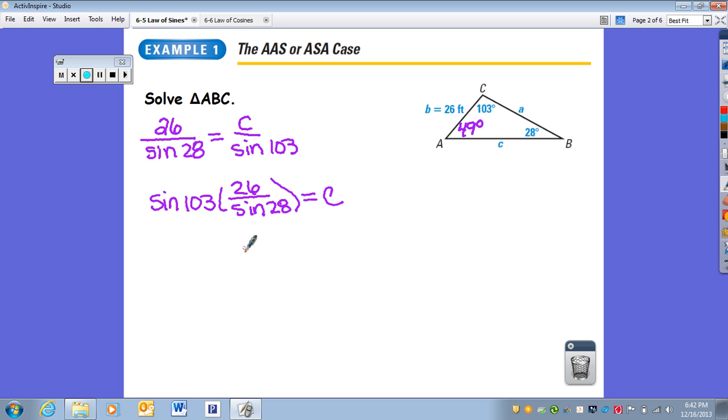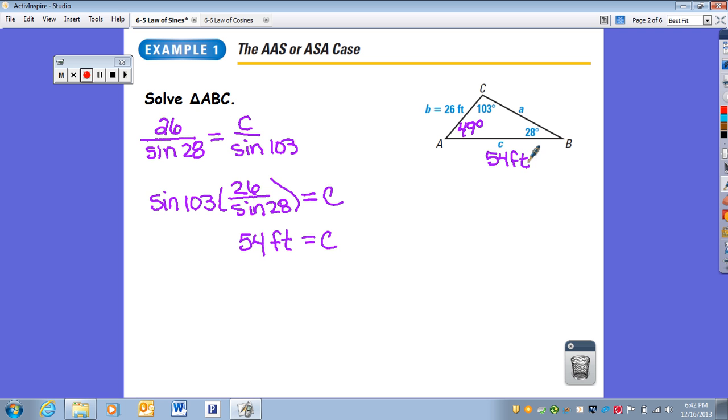Plugging that into our calculator, we find that it equals approximately 54 feet. When we round to the nearest tenth, it comes out to be about 53.96. So rounding, c is equal to approximately 54 feet.